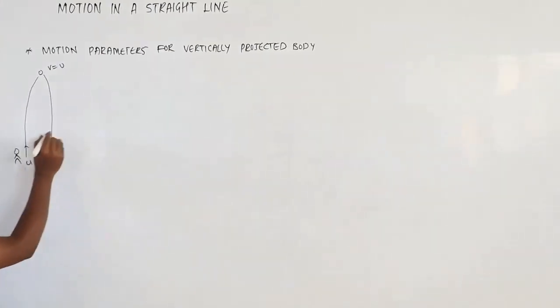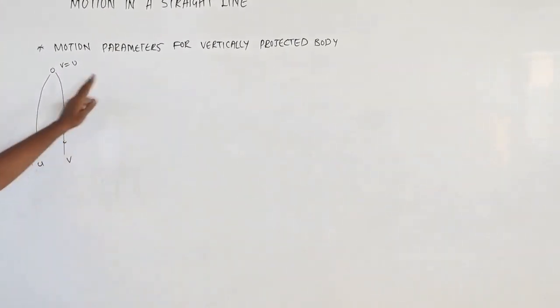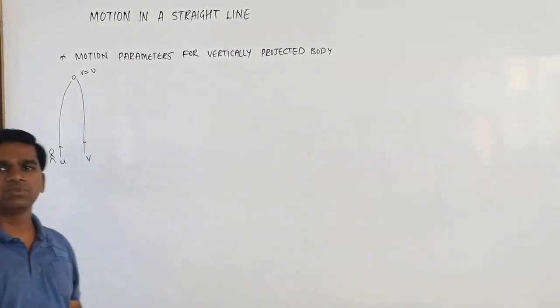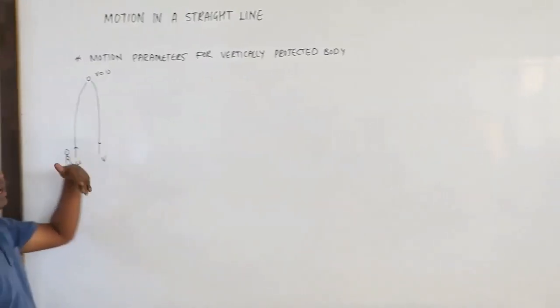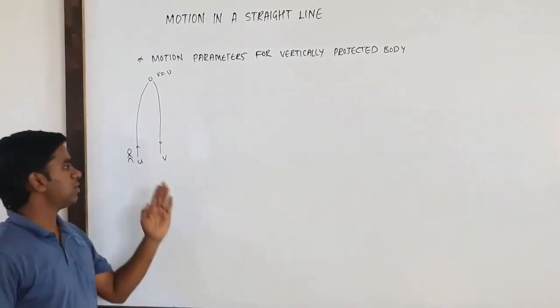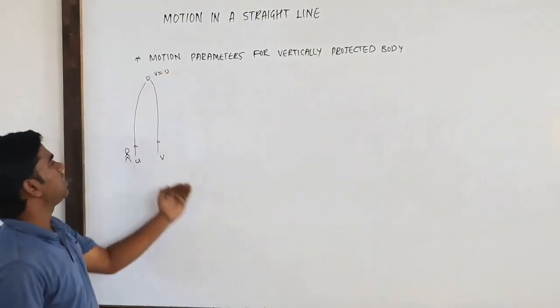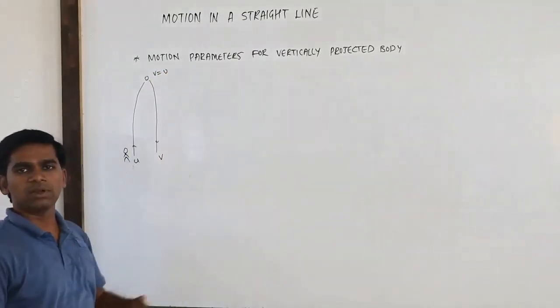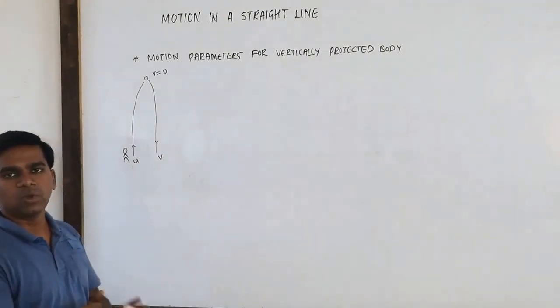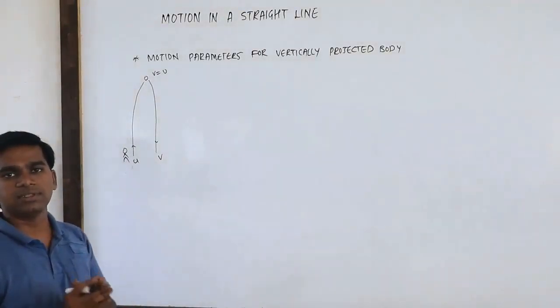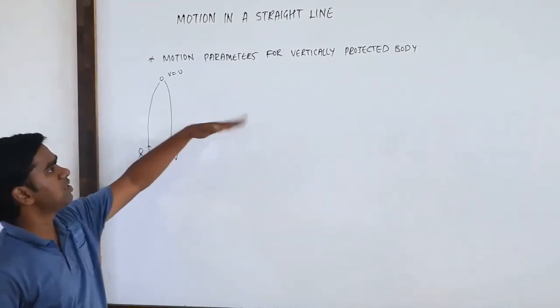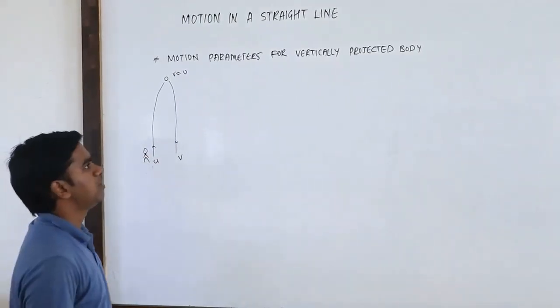Okay, so for this we will see some motion parameters. Motion parameters means how much height it will go, how much time it will take to reach the maximum height, or how much time it will take to come down, or how much total time it will take. All these things are called motion parameters for a vertically projected body.